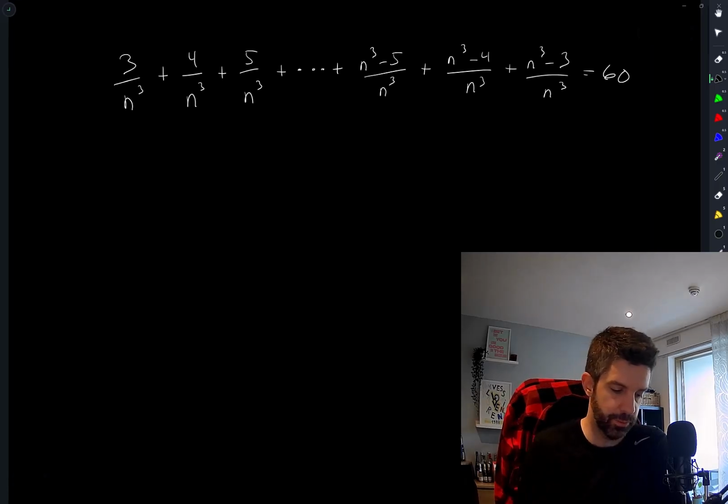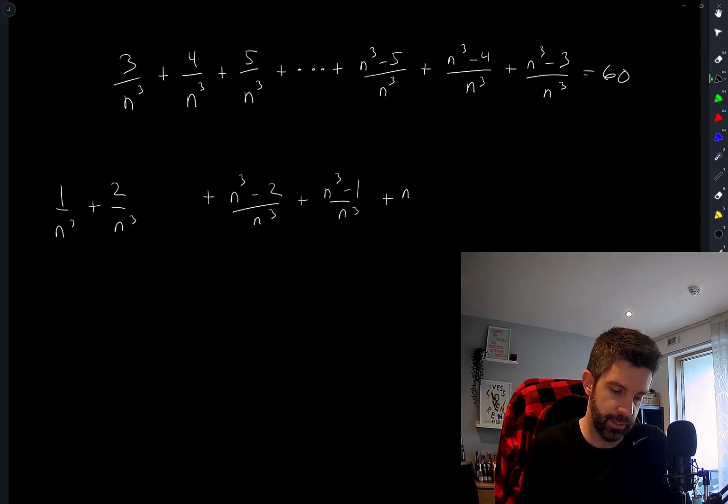If I included 1 over n cubed plus 2 over n cubed and n cubed minus 2 over n cubed plus n cubed minus 1 over n cubed plus n cubed minus, so just n cubed over n cubed.